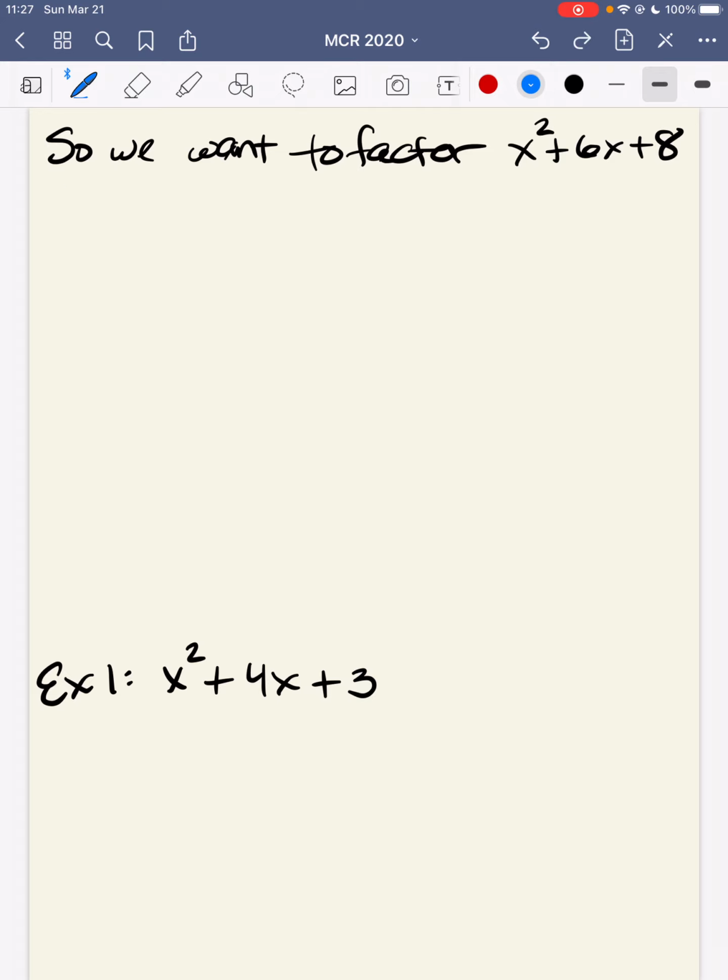Step 2 says I need to look at my last sign. In this case, my last sign is a positive. Now, in order to multiply and get a positive in my binomials, that means that my signs have to be the same.